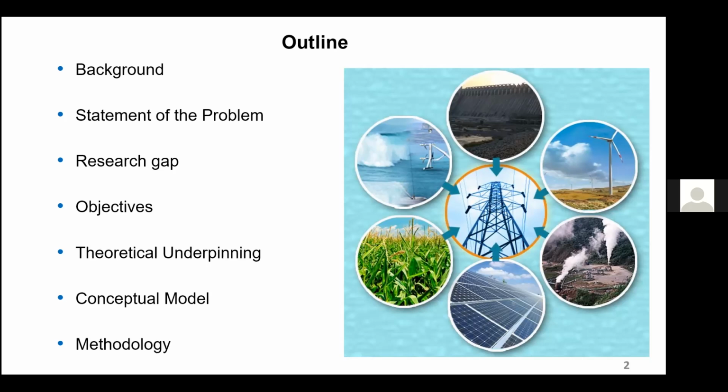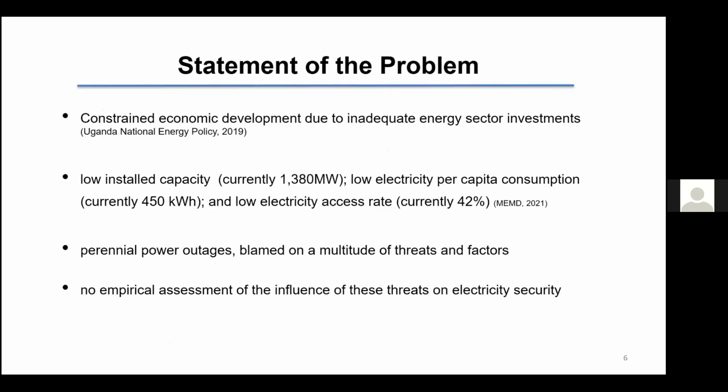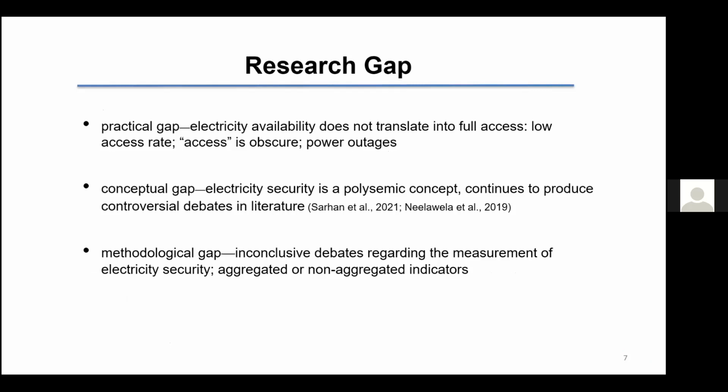Again, there's another slide you talked about, and that's another dynamic. I think on the gaps, go to the gaps. You see the methodological gap. There are people who look at it also on the basis of aggregated or non-aggregated, or basically macro versus micro.